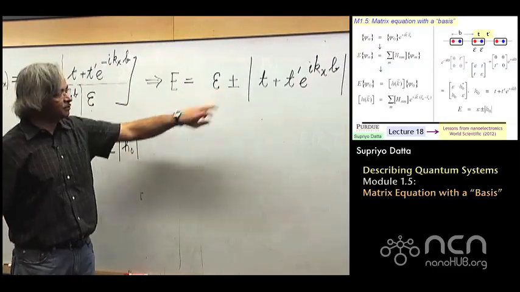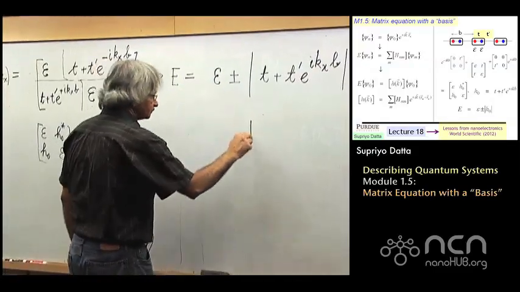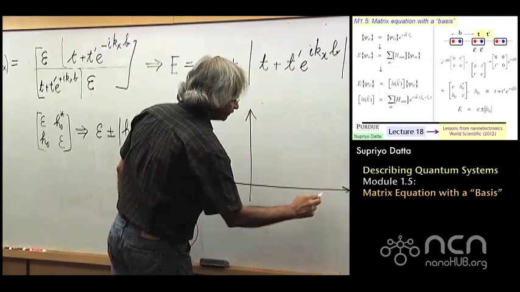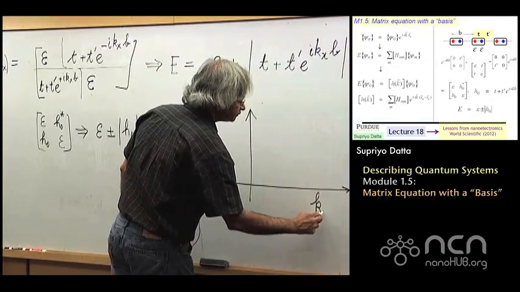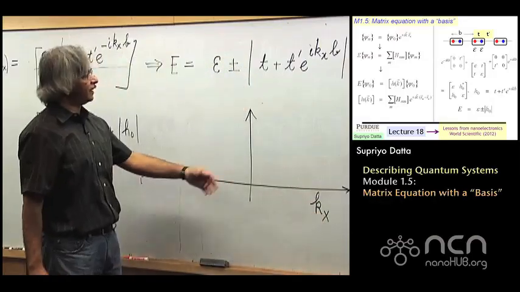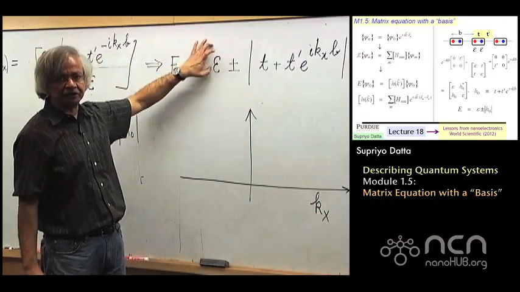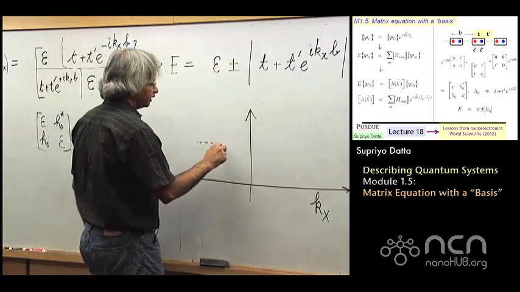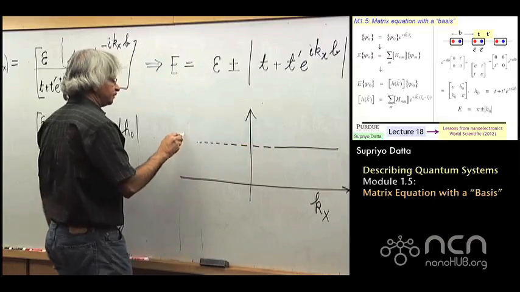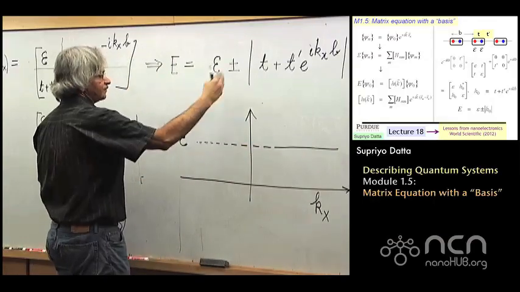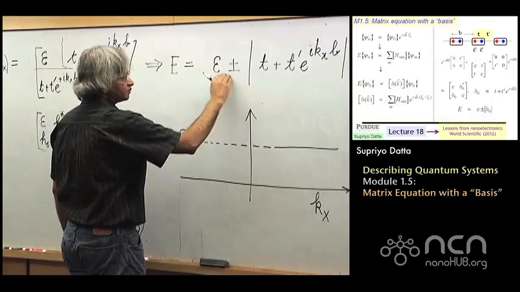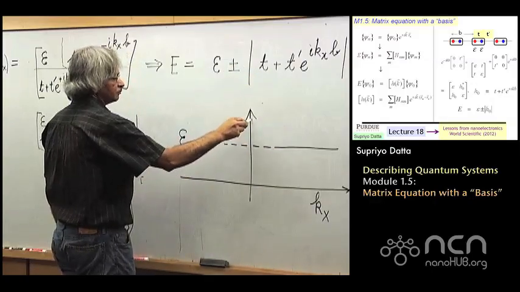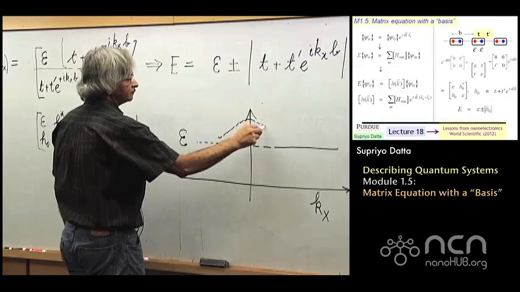So plus minus, so it means if I'm plotting this, E versus kx, for every value of kx, I'll get two energy eigenvalues, one the plus sign and one the minus sign. So you could draw a line here, that's like your epsilon line, and then you'll have something above it, something below it, this plus and minus. And so you'll get these two branches to this curve, which might look something like this.